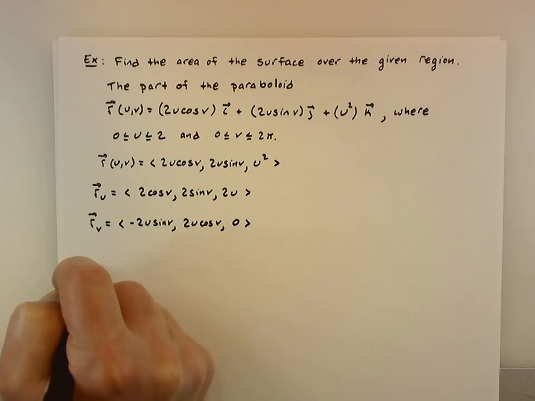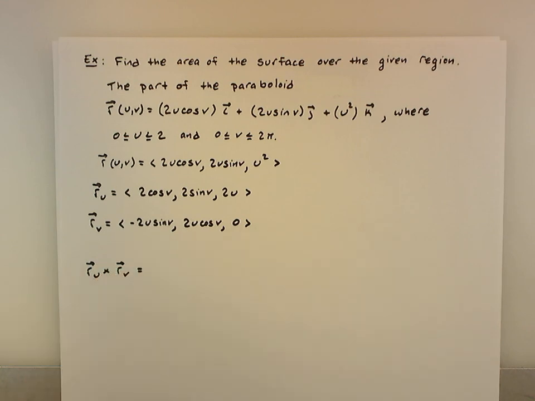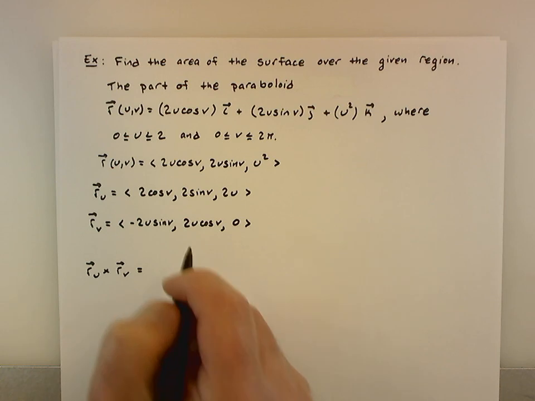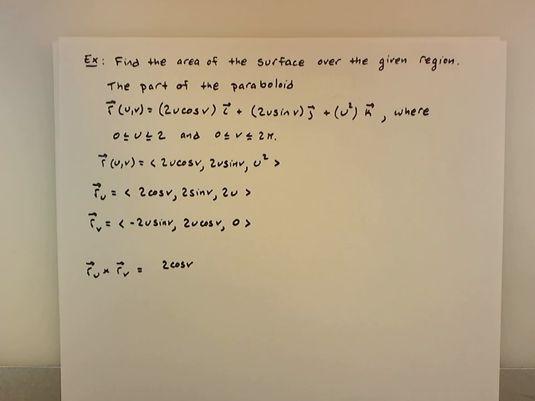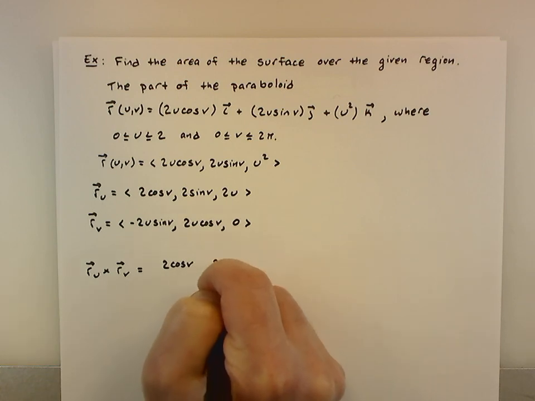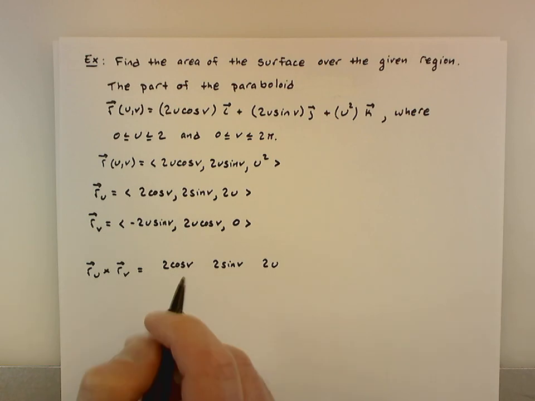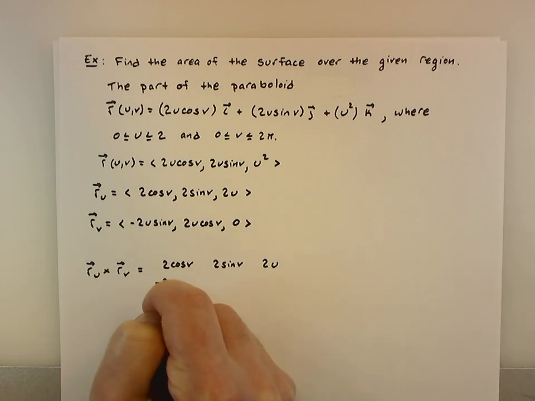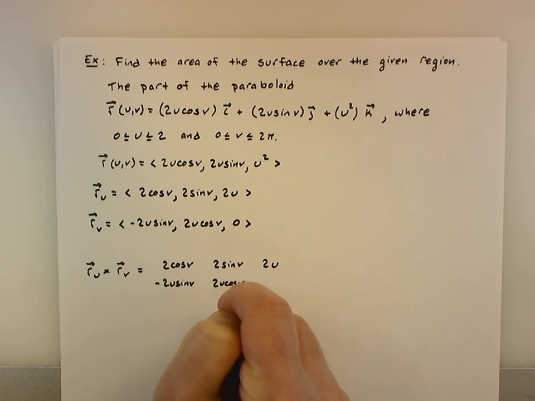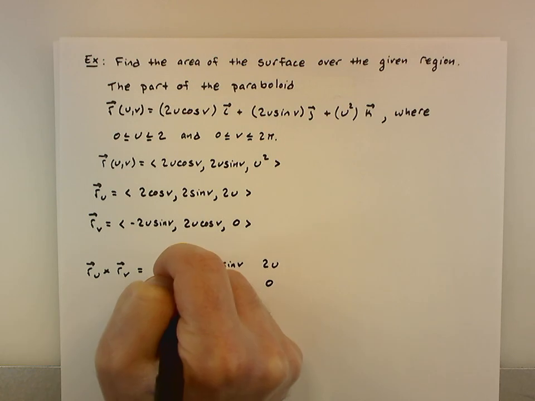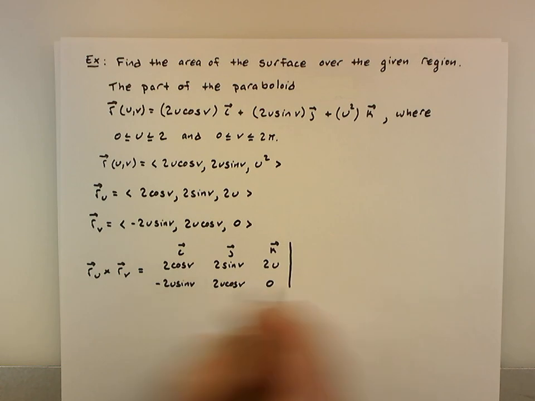The cross product RU cross RV is equal to the determinant with 2 cosine V, 2 sine V, 2u, negative 2u sine V, 2u cosine V, and 0, and ijk on top.